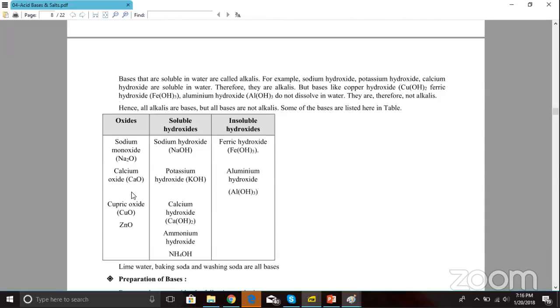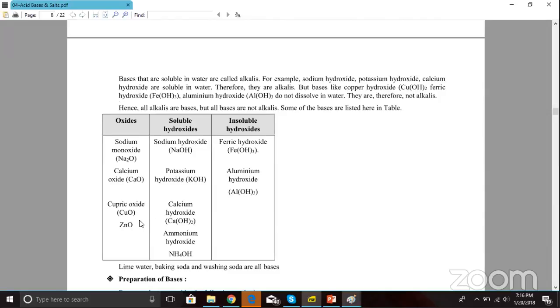Calcium oxide, CaO, when it dissolves in water, we get calcium hydroxide, which is nothing but slaked lime. Potassium hydroxide is easily soluble in water. And aluminum hydroxide, Al(OH)3, is insoluble in water.